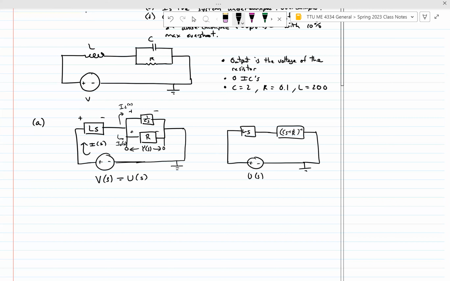And so we can combine it together, make it something that looks a little bit cleaner. And I think that should be R over RCS plus one if we were to combine them together. Yeah, something similar to that.